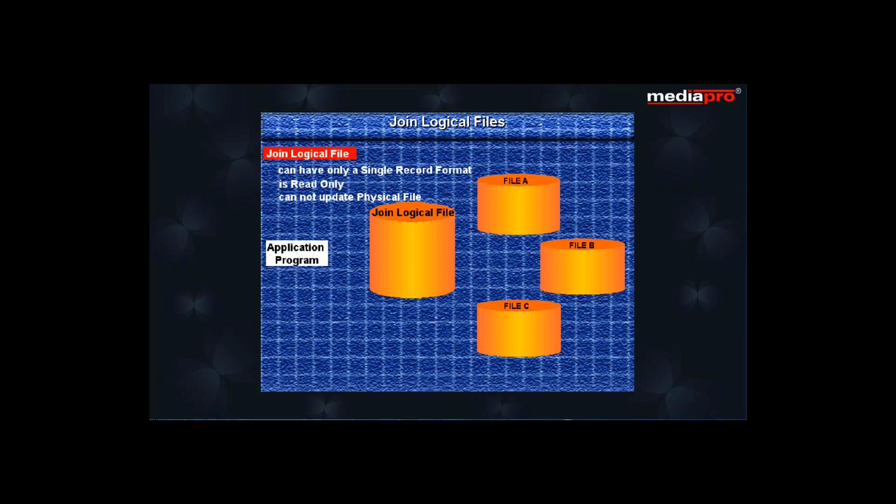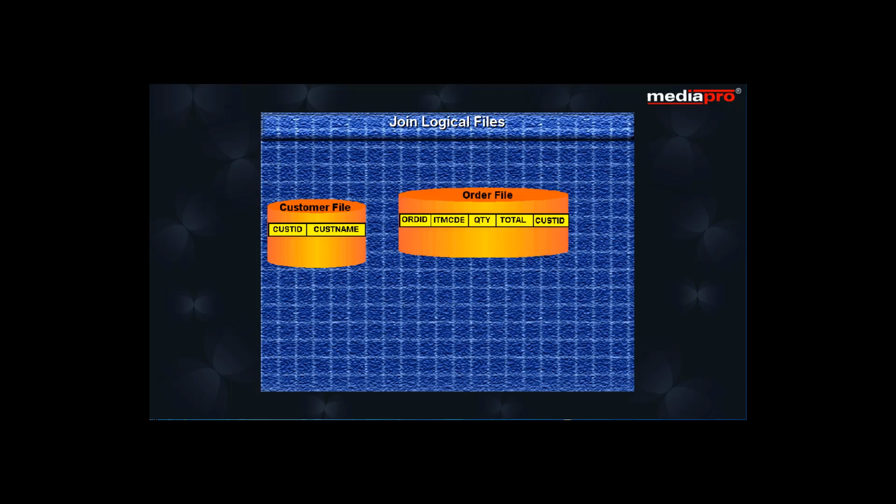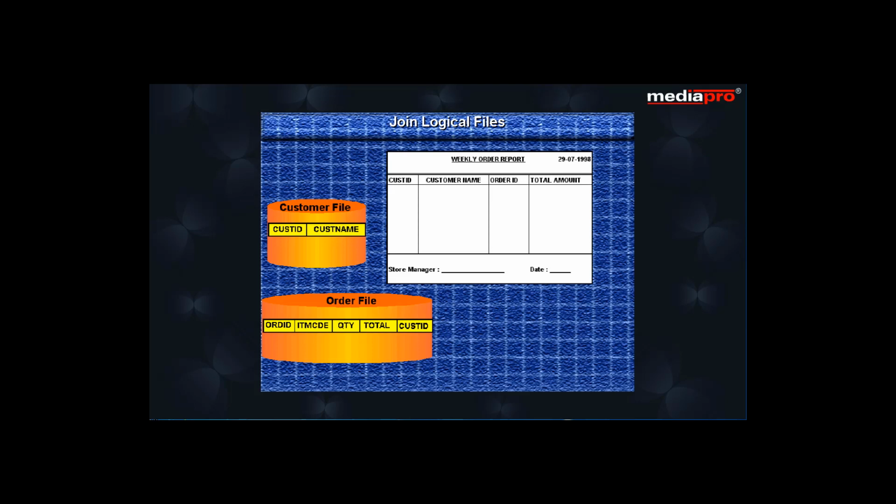Say we have two databases, a customer file that has customer ID and customer name. We also have an order file that contains order ID, item code, quantity, total amount and customer ID. An application is used to generate a report in this format.